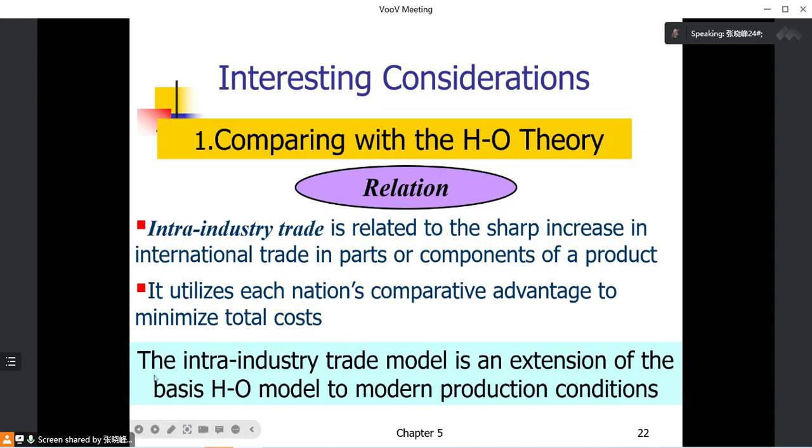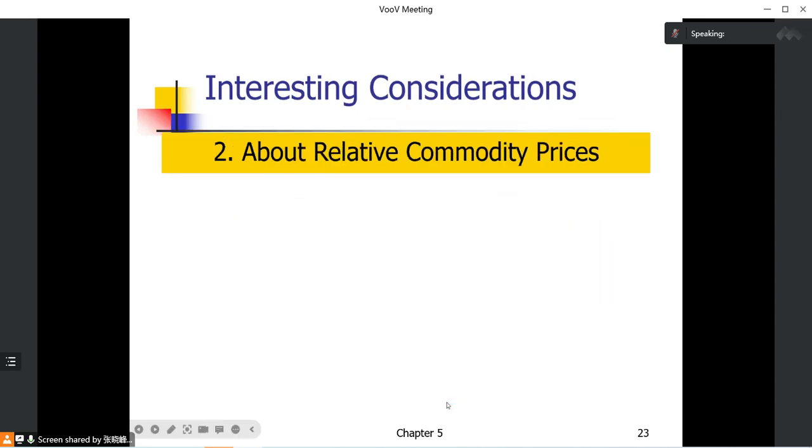The intra-industry trade model is an extension of the basic HO model to modern production conditions.